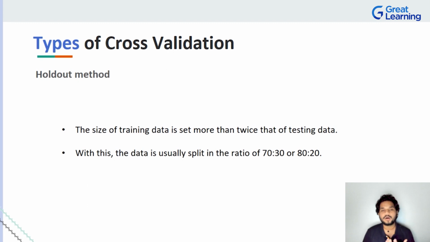But a common practice is this: if you have a large amount of data at hand, emphasis on the word large, I'm going to repeat that. If you have a large amount of data in your hand, what you will prefer to do is provide more than 2 times the data of your testing size as your training size, right? If you take a look at it in the real world, your textbook is probably going to have a lot more information than you will be asked in your examination, right?